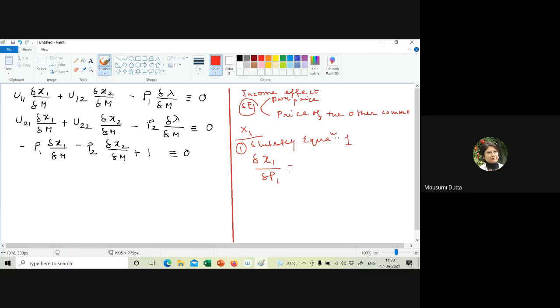So here, when you will calculate the AC part, you have to consider the derivative of X1 with respect to P1. So for this part, then del X1 by del M part will be there.